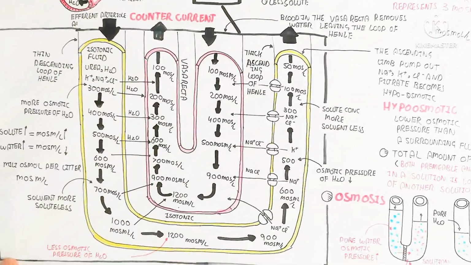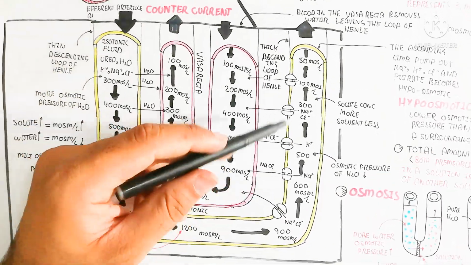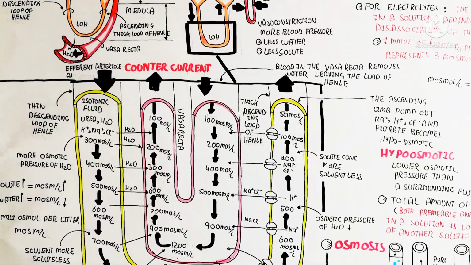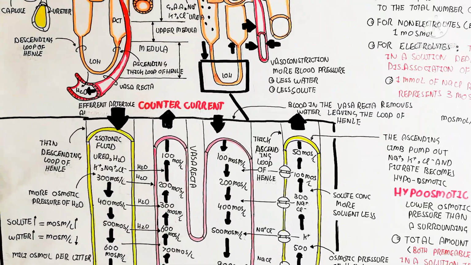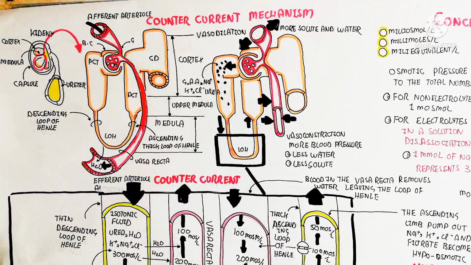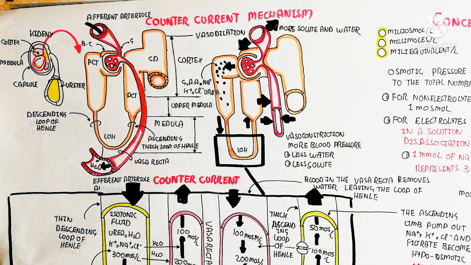When the milliosmol increases, the water will move toward the increasing side. When the water decreases, the milliosmol will be increased. So remember, when the water increases, the milliosmol per liter will be decreased. So this is the mechanism.